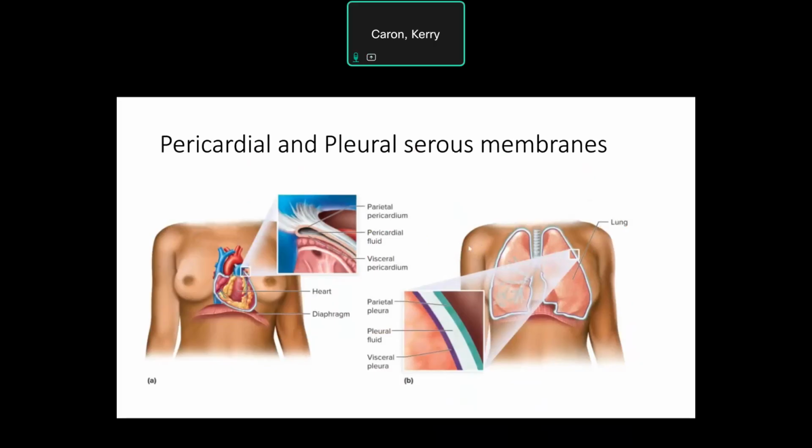You can see in this blown up image here, the parietal layer faces the outside, whereas the visceral pericardium lines the actual heart itself. And same thing with the lung here. The outside part is the parietal pleura, and the visceral pleura actually covers the lung itself, and then the serous fluid is in between.